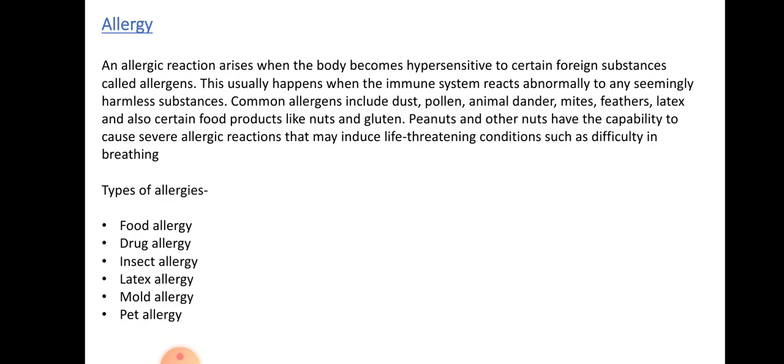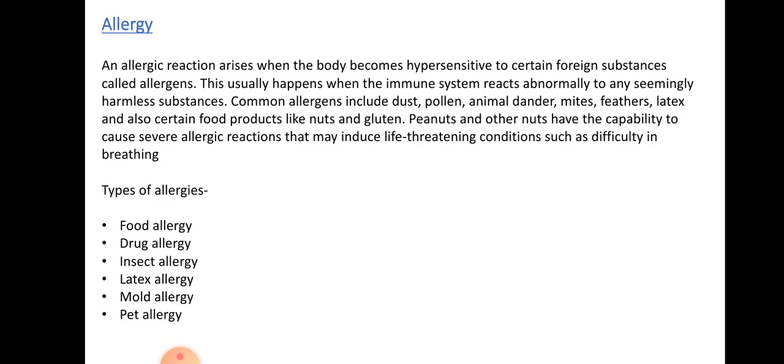It may cause swelling of eyes, itching, and hives. Coming to the latex allergy. Latex allergy is a reaction to certain proteins found in natural rubber latex. It may cause itching, stuffy nose, etc.